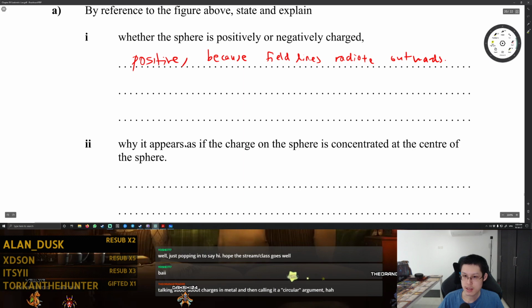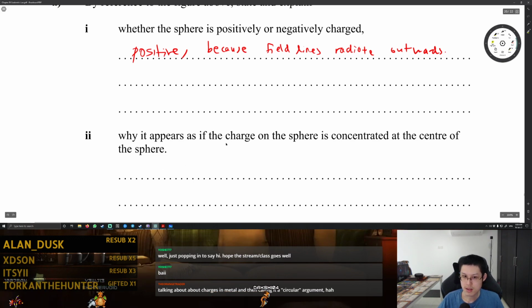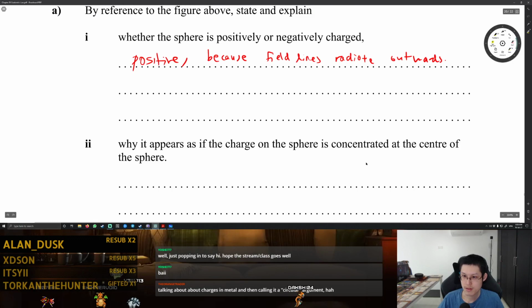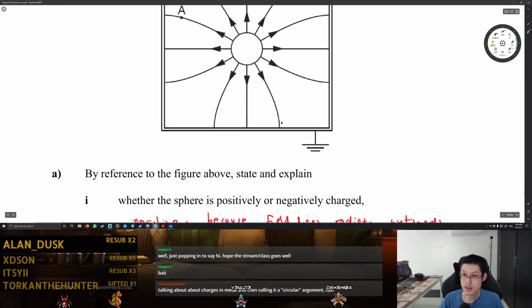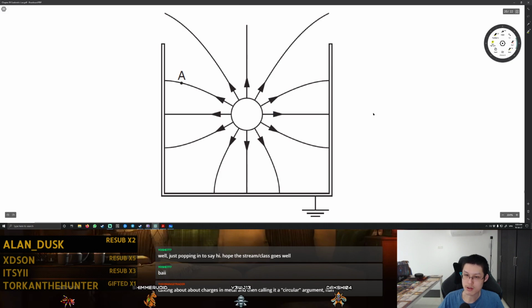Why does it appear as if the charge on the sphere is concentrated at the center of the sphere? The reason has to do with the fact that a sphere is circular. So if you look at the field lines here and you try to extrapolate them, they would appear as though they are originating from the center.